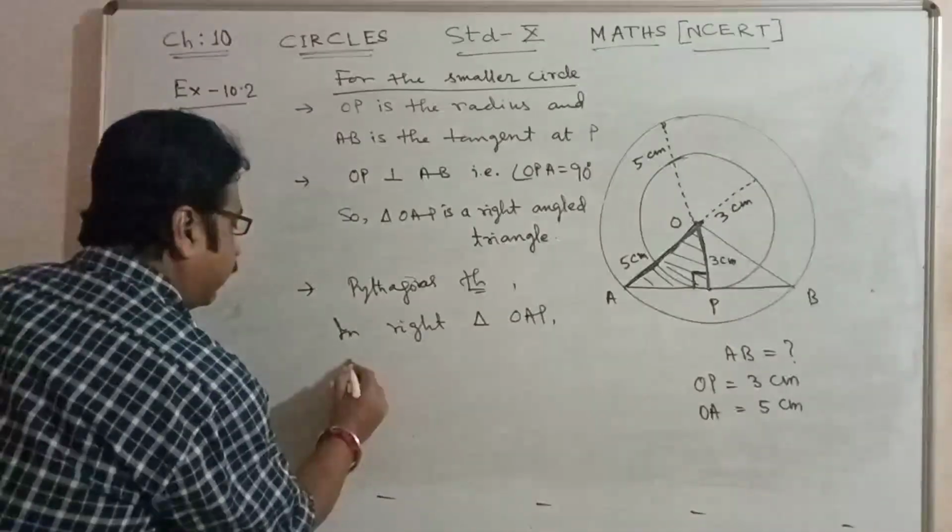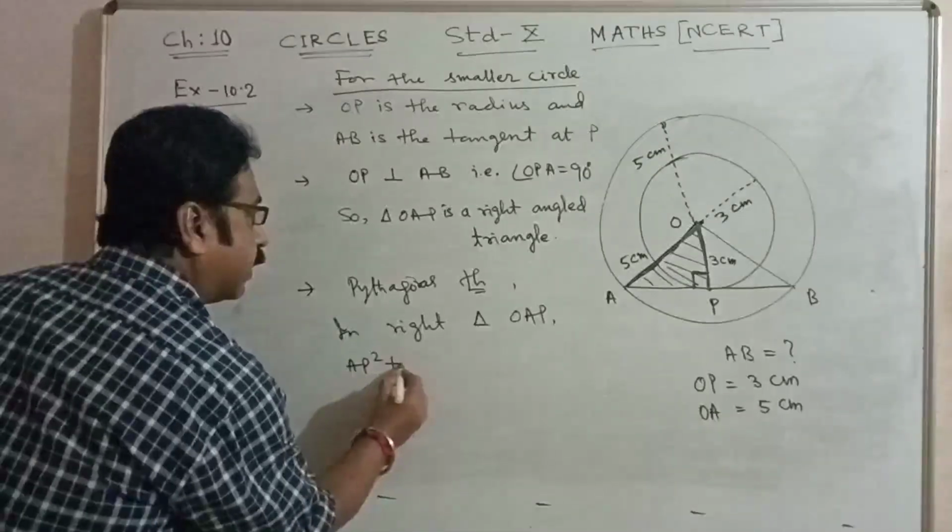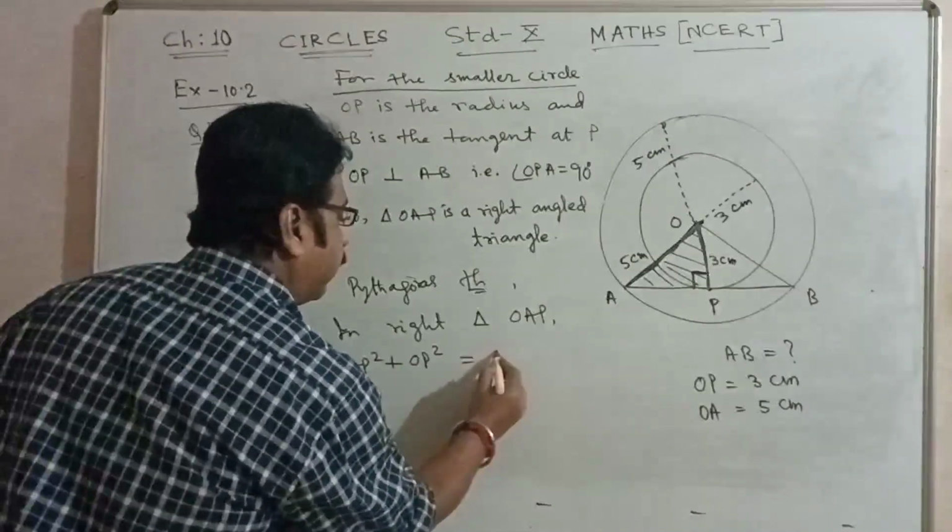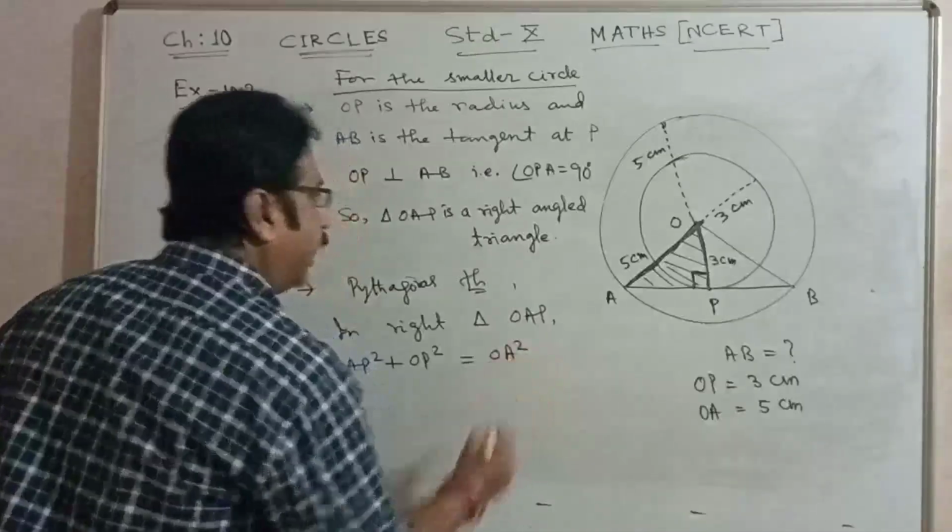We can write AP square plus OP square equals to OA square.